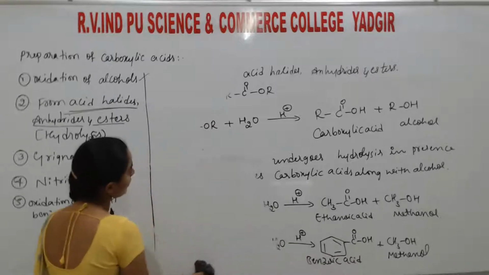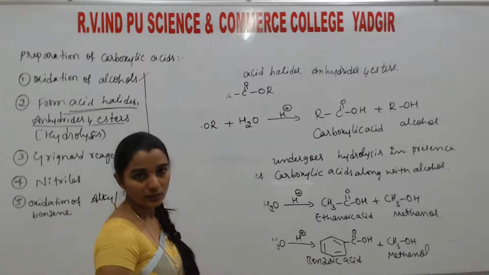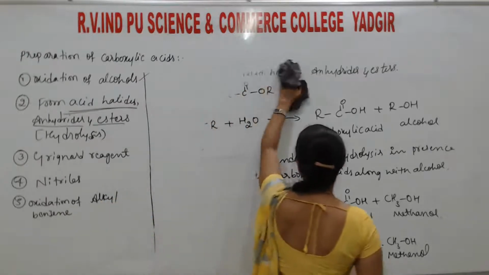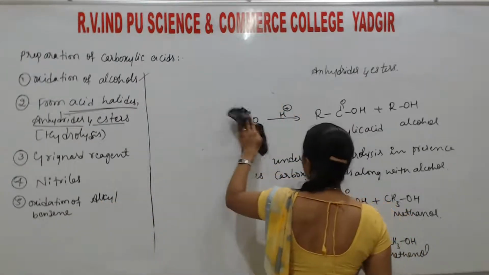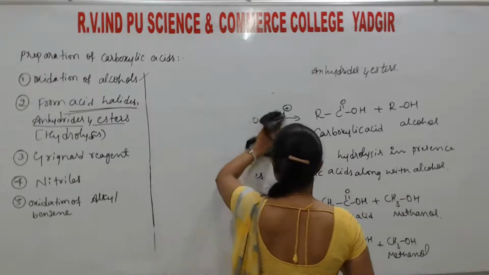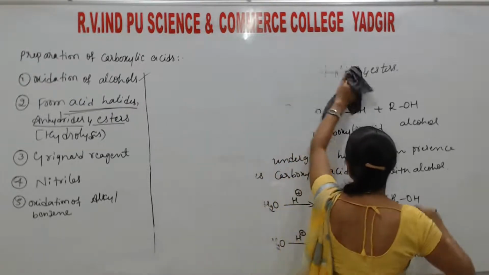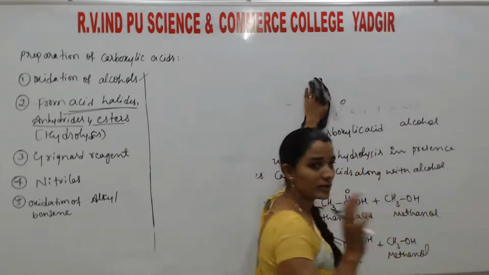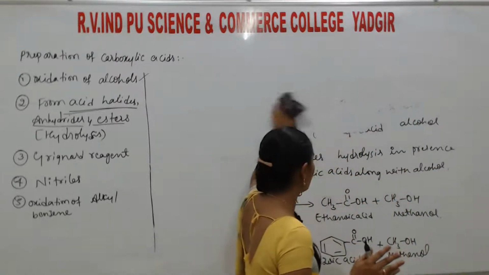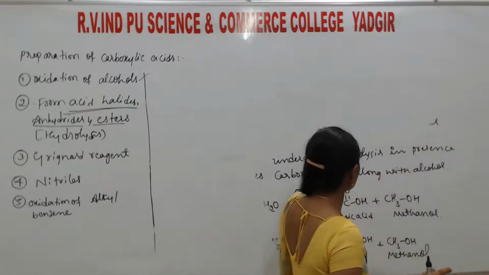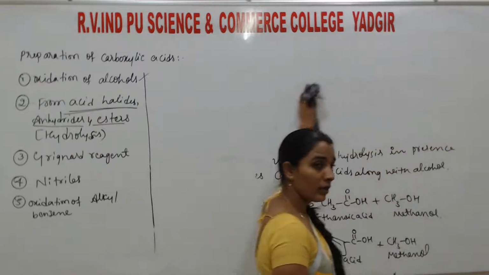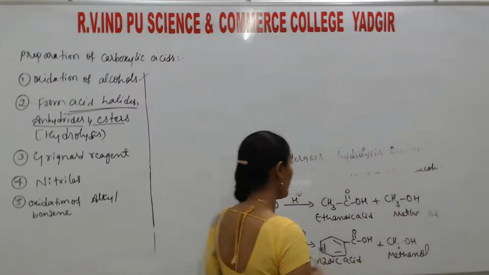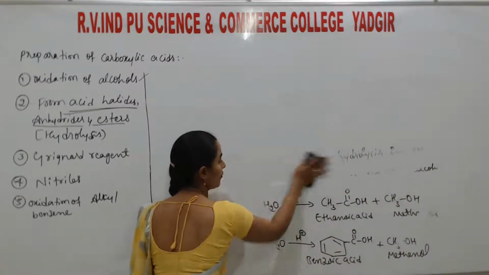So students, remember, if I write a general reaction, you should take any R group as any alkyl or aryl group. But if I take a particular reagent in a particular reaction, you have to use the same reagent. For example, as I told you in the last class, in the Cannizzaro reaction, the aldehydes must not have alpha hydrogen.